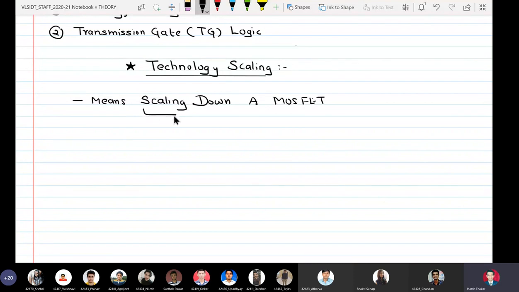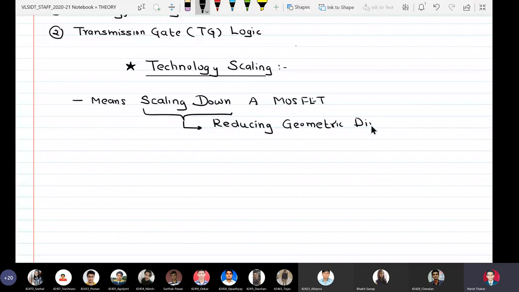And when I say scaling down, it actually means reducing the dimensions, because when you reduce the dimensions of a MOSFET, then its energy requirements also go down.